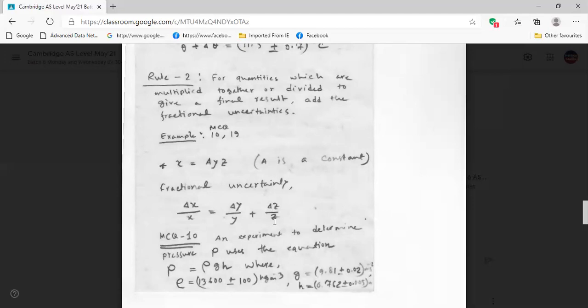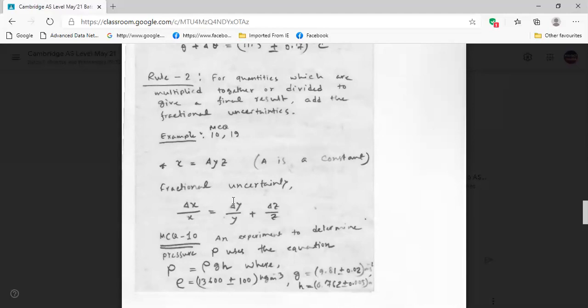Previously for addition and subtraction, we just added the absolute uncertainties, but now we are adding the ratios, the fractional uncertainties.